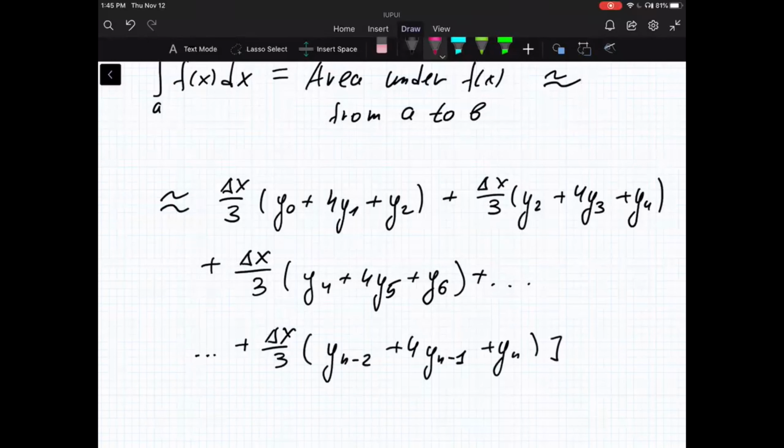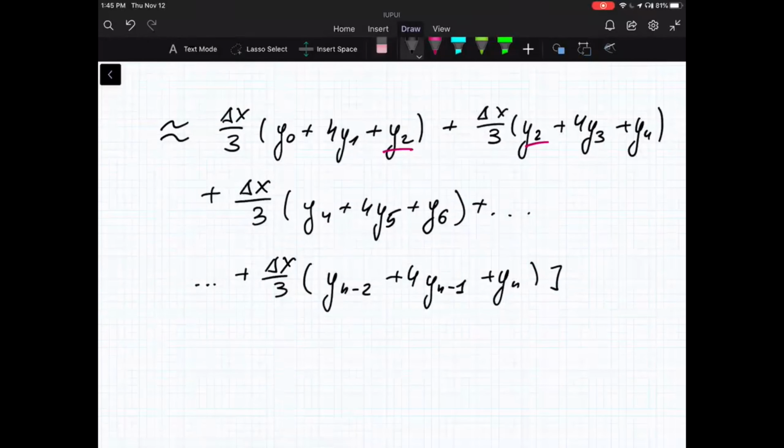And you see that y2 appears twice. It appears here and here. Also, delta x over 3 is common because our subintervals have the same length, so it's not a surprise.